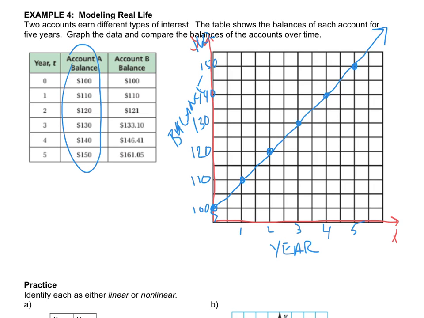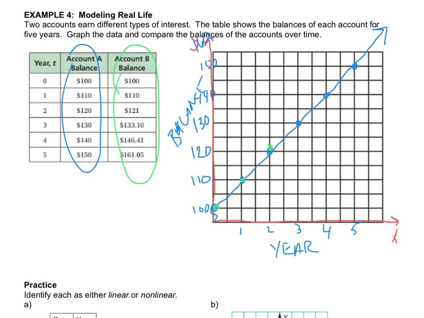Then when I look at the second one, account balances for B, we'll do that one in green. So the B also starts at 0, 100. Also 110 at year 1. Then we get a little bit of a difference. So we're at 121.